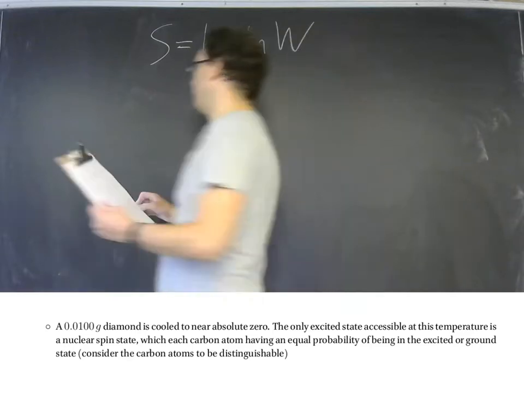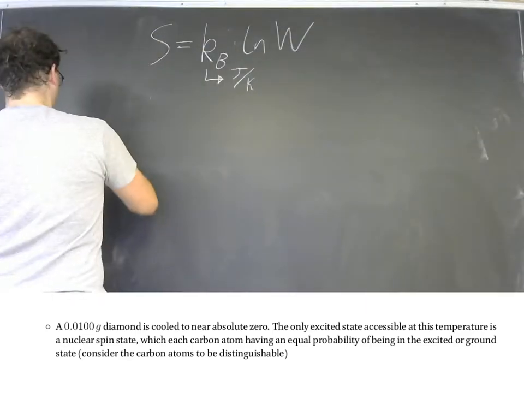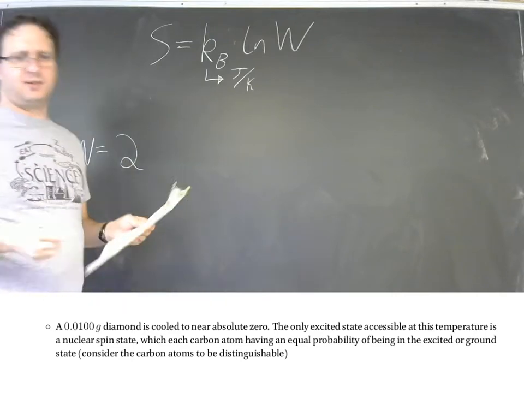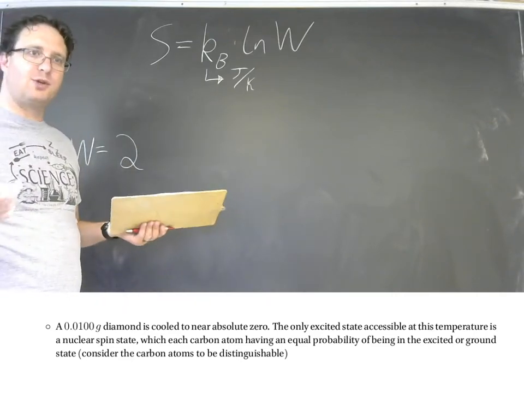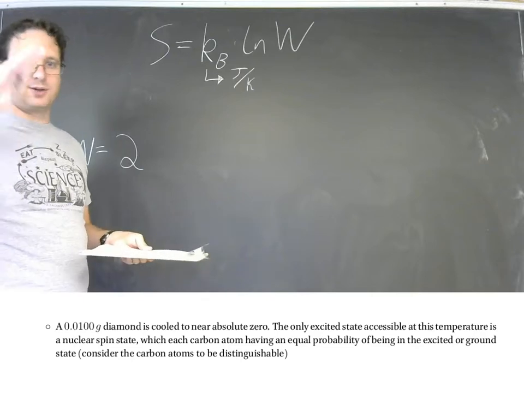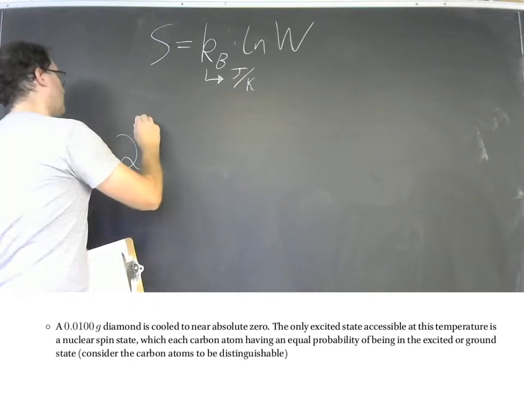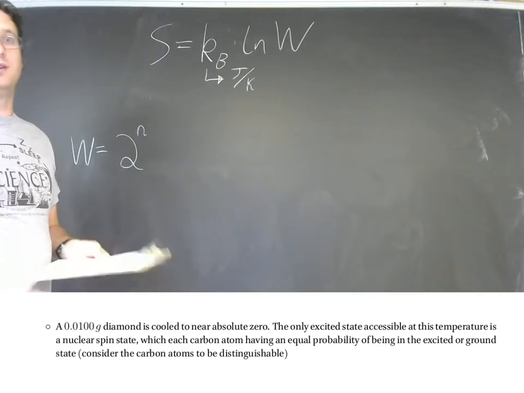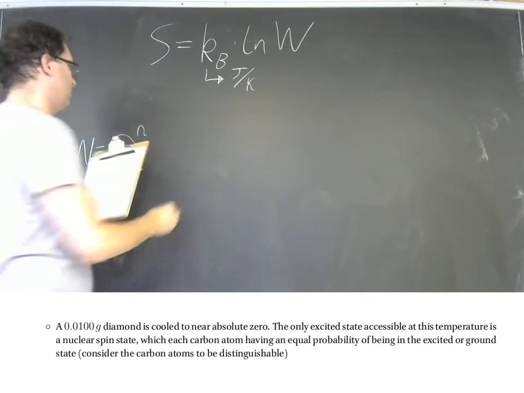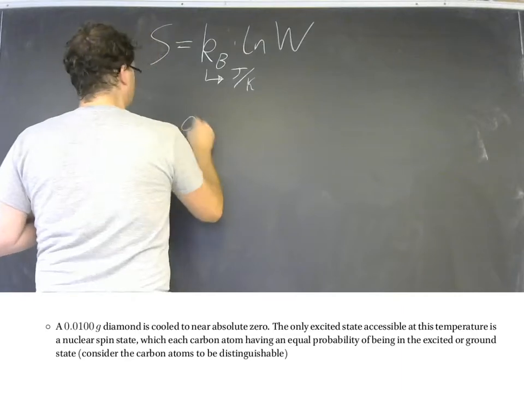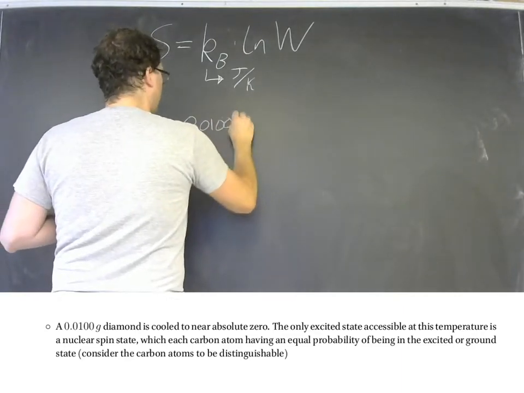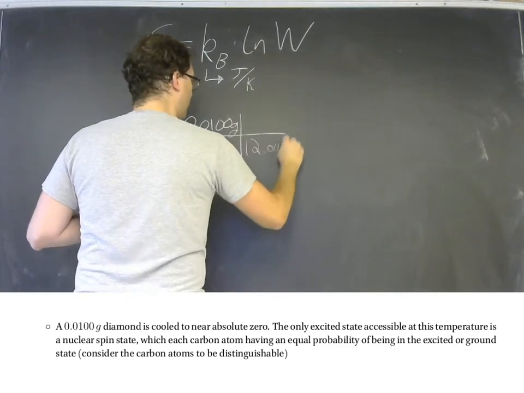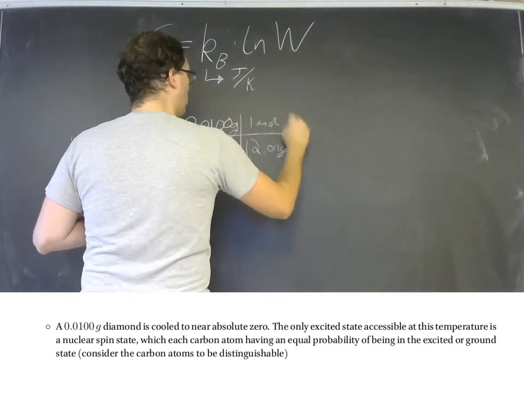So W is essentially going to equal 2 because there's an equal probability of two different states, ground state or excited state. And we'll raise that to the power of N. N is the number of carbon nuclei or carbon atoms. So let's figure out N. We'll have 0.0100 grams. Carbon is 12.011 grams per mole.